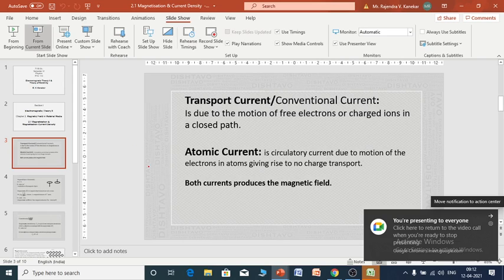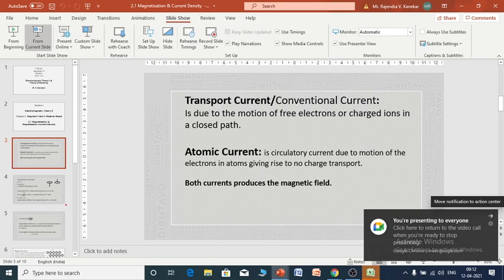Now, if you take a material and consider a very small volume element, then that volume element has a number of atoms, a number of electrons circulating. The total magnetic moment of all the electrons in that volume divided by volume, we do it for the element. Why for the element?